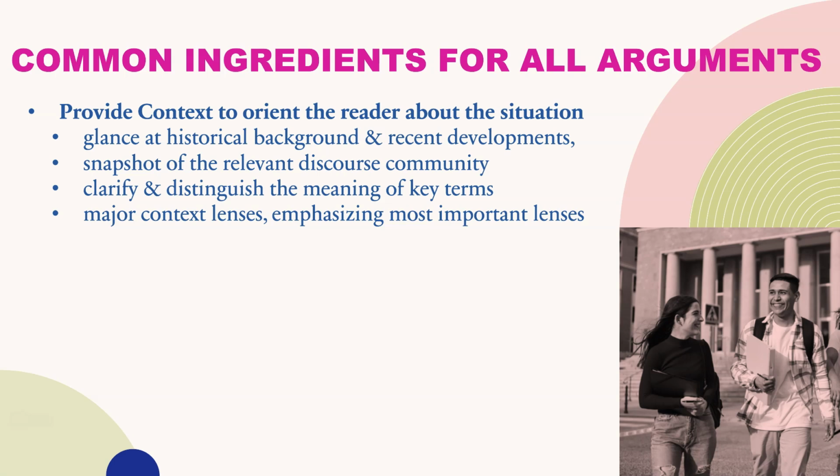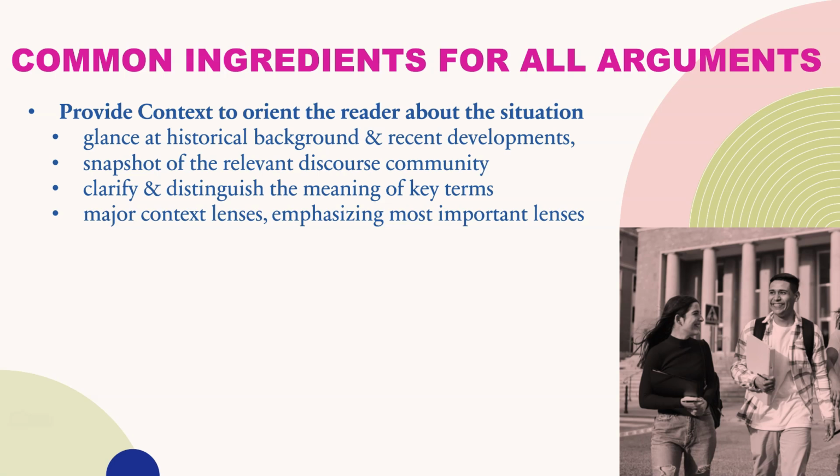And then also emphasizing and introducing what the major context lenses are. So if you're going to speak about the psychological impacts, you may want to take a moment, like a sentence, to discuss what you mean by psychology. If you're going to speak about the cultural impacts, you may want to take a moment to speak about what that means to you.